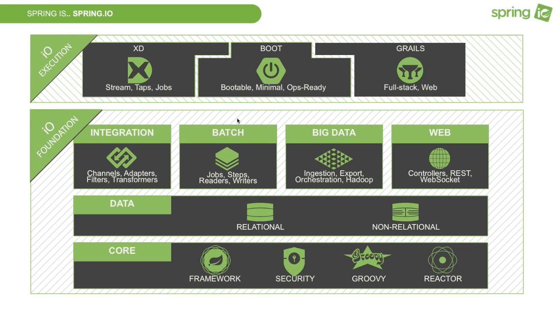So to help better understand that field is this diagram here, right? The top level here is the I/O execution layer. This layer, if you look at the diagram, describes the technologies in the Spring stack that help you deal with processes. And of course, that's a very low-level metaphor or idiom.